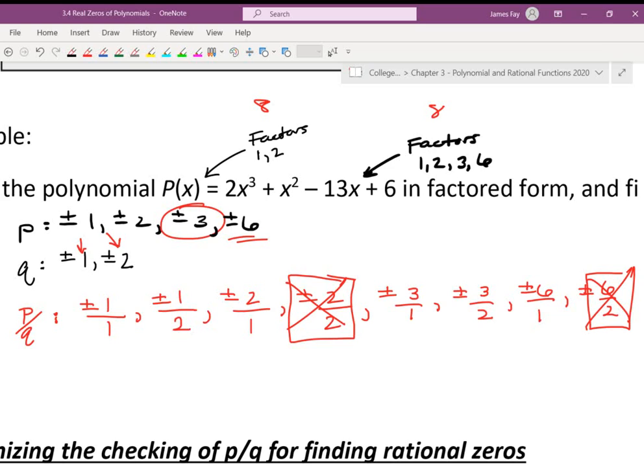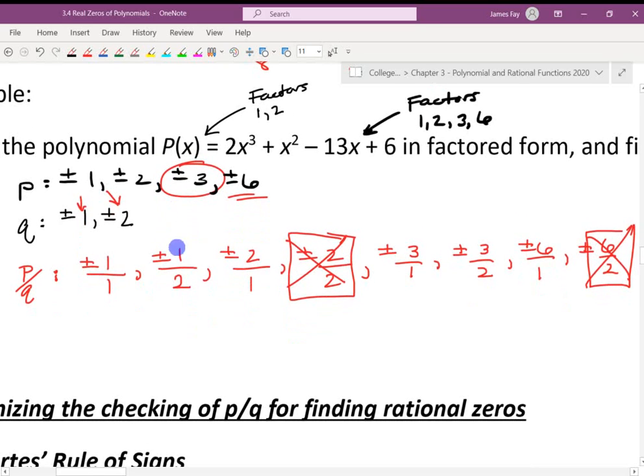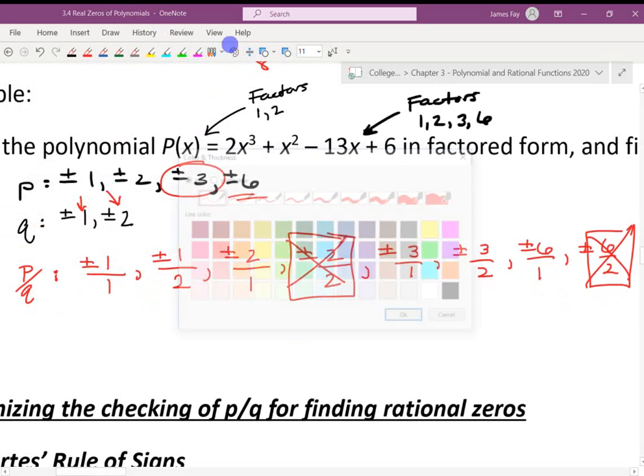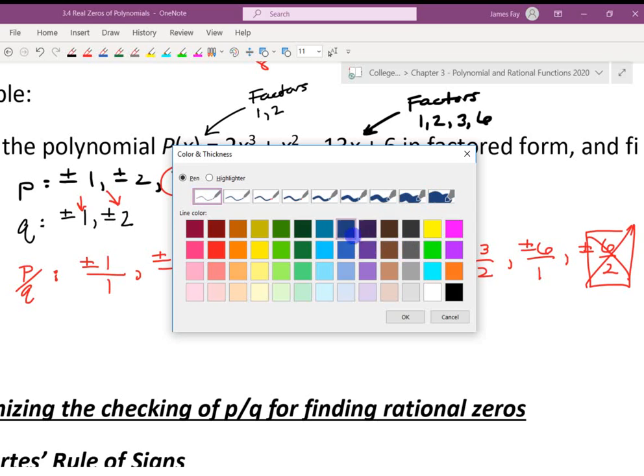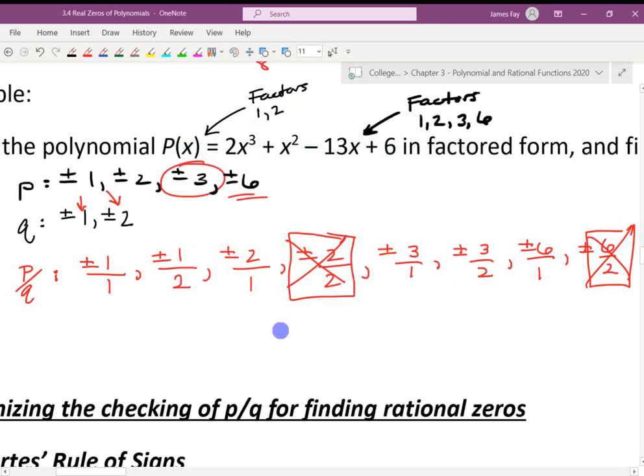Okay? So once you have that list, and some of your homework questions are just going to ask you for that list. But now we're actually going to use that list. So we're going to go to the synthetic division process, which we're going to take our coefficients, so 2, 1, negative 13, and 6, and we're going to try one of those P over Q values.